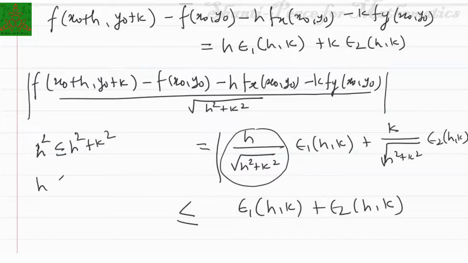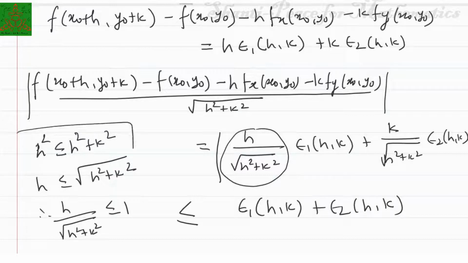So h is less than or equal to square root of h square plus k square. Therefore h upon square root of h square plus k square is less than or equal to 1. In a similar manner, k upon square root of h square plus k square is less than or equal to 1.